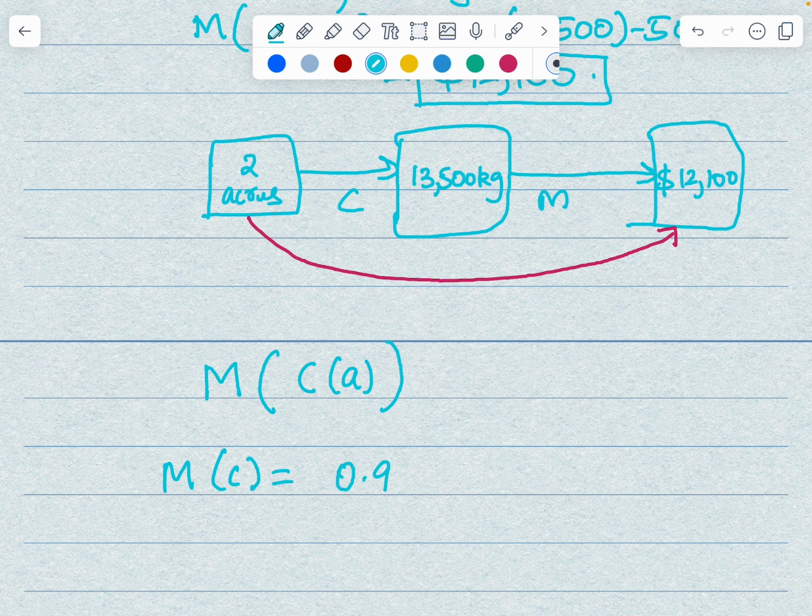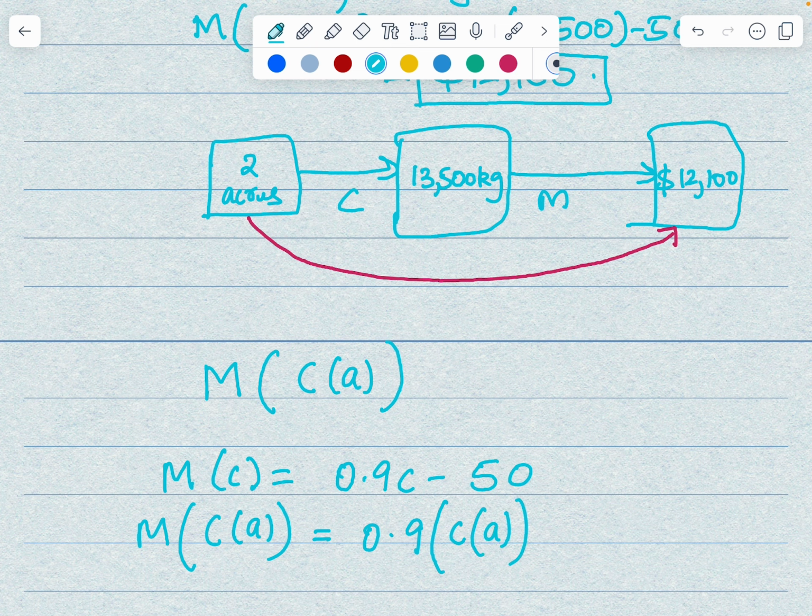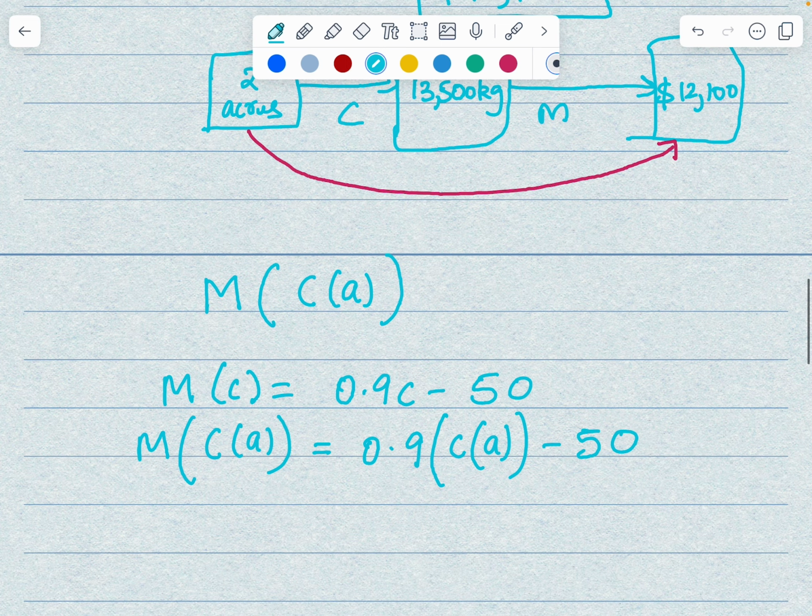It was 0.9 C minus 50. But now, instead of just C, the kilograms of corn, I'm having a function that calculates the kilograms. So wherever the small c was, I'm just going to replace it by the function, which gives me the answer. It's going to produce the same thing, but this is more of a one-shot way of doing it.